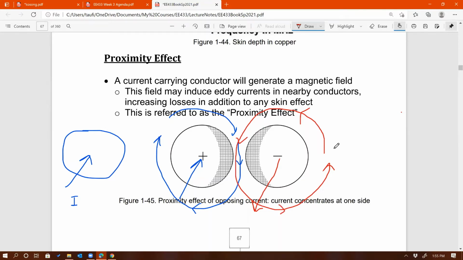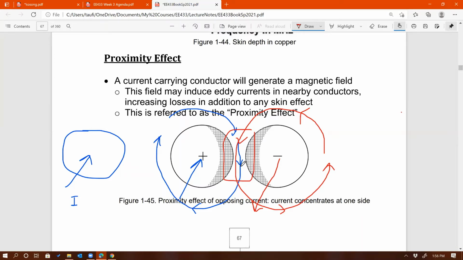Okay, so because of this, if you look at the space in between the two conductors, take a look at the direction of the fluxes caused by each conductor. You can see that both fluxes are pointing down, in the same direction.